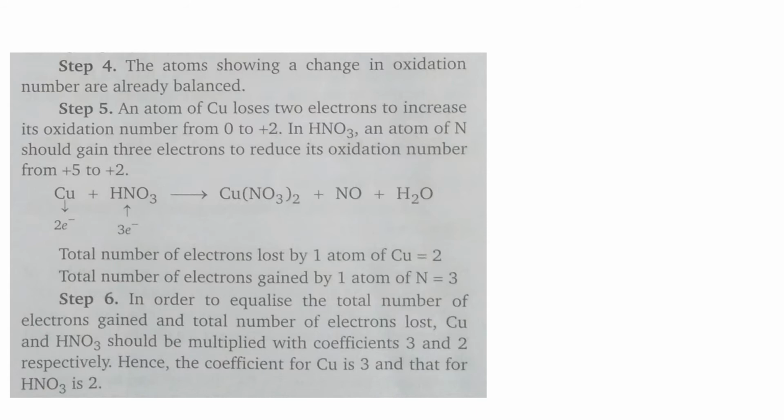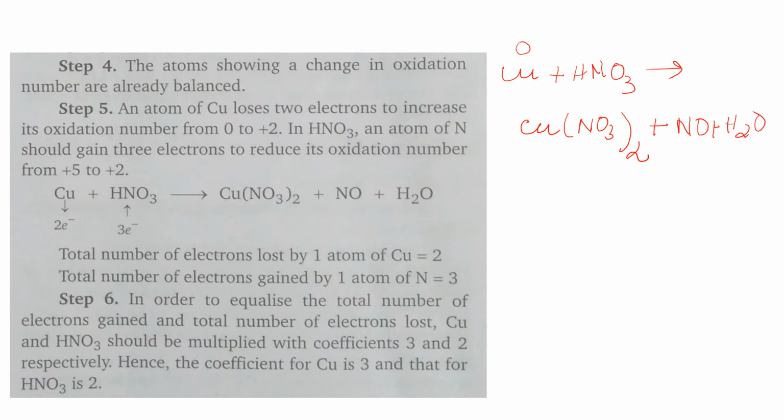My equation was Cu plus HNO3 giving Cu(NO3)2 plus NO plus H2O. The change in oxidation number for copper is from 0 to plus 2, and for nitrogen from plus 5 to plus 2.